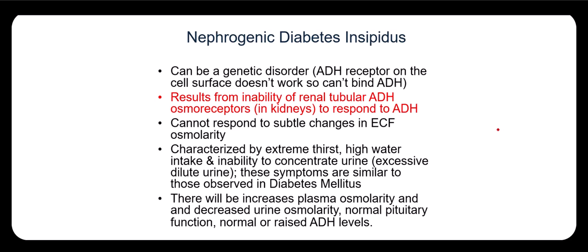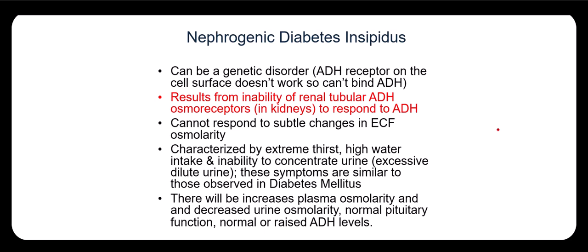So this is a whole different pathophysiology, a whole different thing. The hormone we're worried about is ADH, a different organ, different everything. So the ADH receptors are not working, we're not responding to ADH, so we're not able to respond to little changes in ion concentrations in the extracellular fluid.